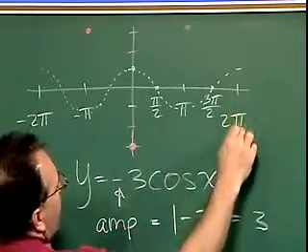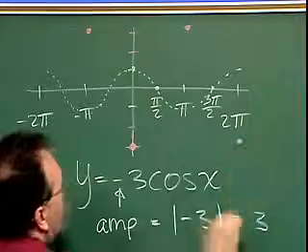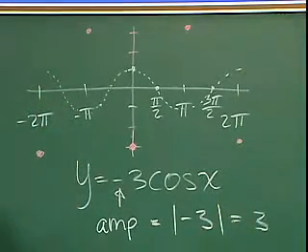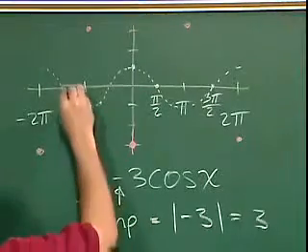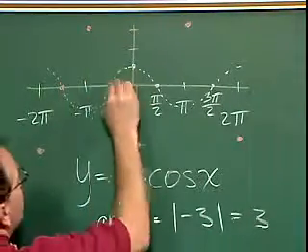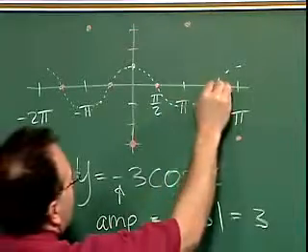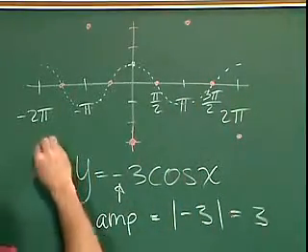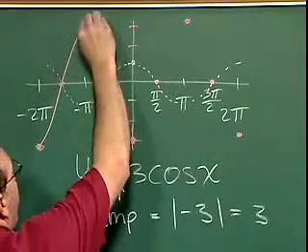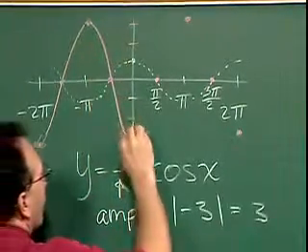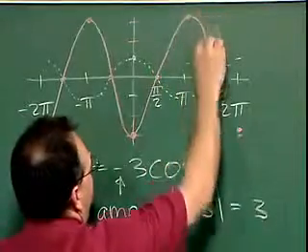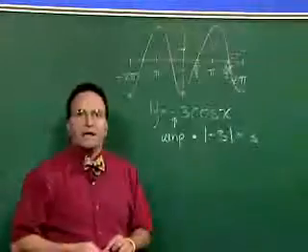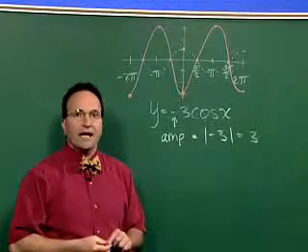These two values at the end, of course, would go down to -3, and that would be reflected down to -3. So my curve is going to go through the same intercepts, the same x-intercepts, that is. And so what my curve looks like then is this graph right here. And that's the graph of y equals -3 cosine x.